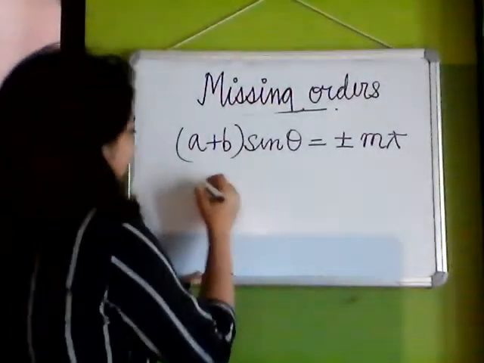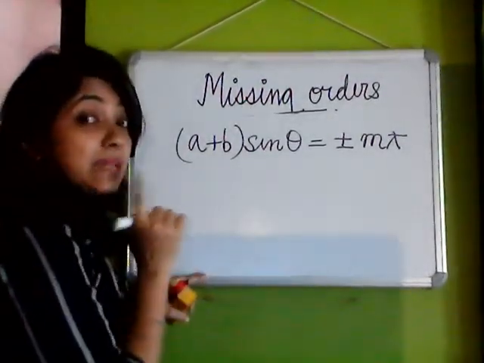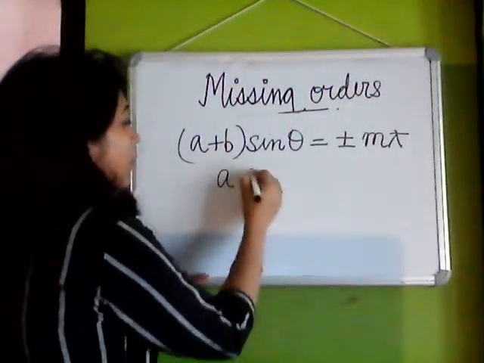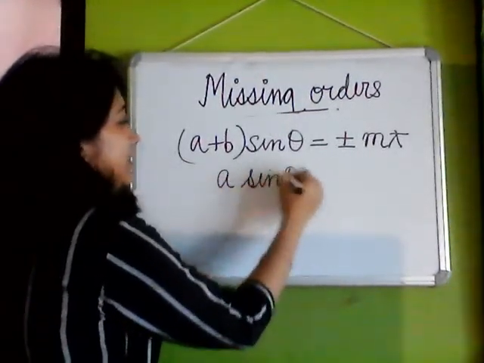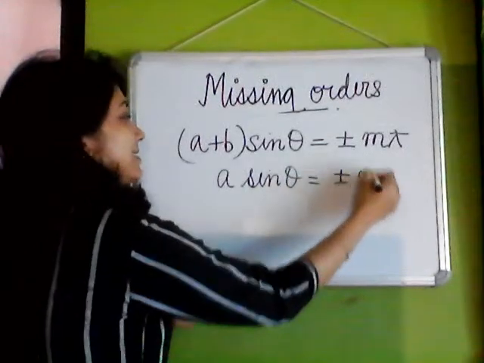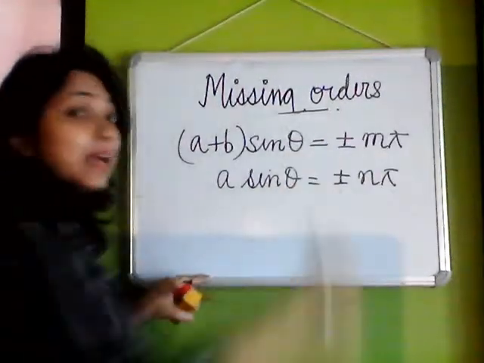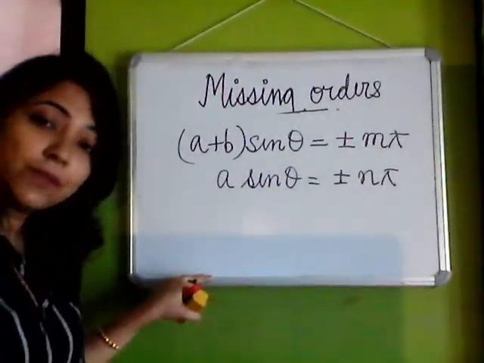On the other hand, interference minimas were received for A sine theta is equal to plus minus n pi. Once again, n can take up values from 1, 2, 3, 4 and so on.